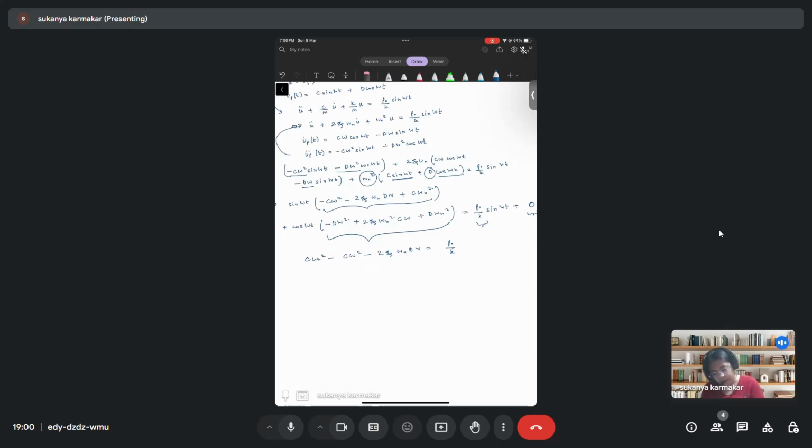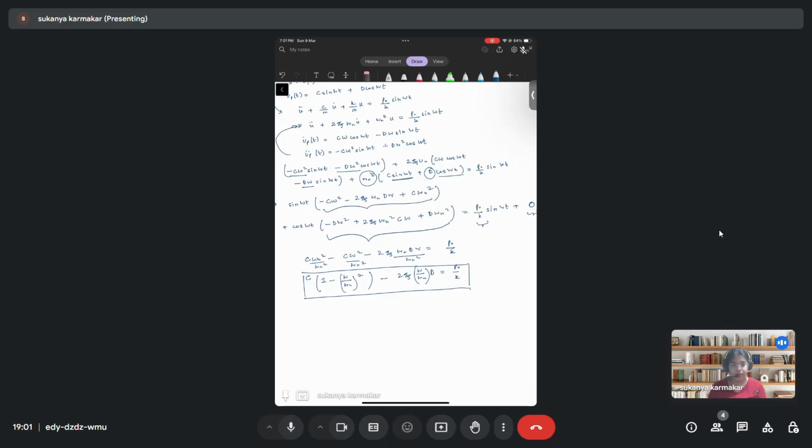So I can take out c common, and I can divide the equation throughout by omega n square. So c times 1 minus omega by omega n whole square minus 2 zeta omega by omega n times d is equal to p naught by k.